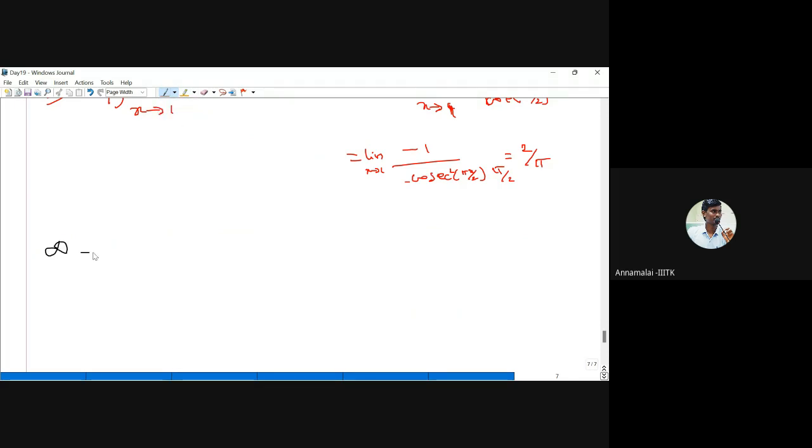The infinity minus infinity form is f of x minus g of x, where the limit of f of x is infinity and the limit of g of x is infinity. Now we have to rewrite: f of x can be written as 1 by 1 by f of x, and g of x can be written as 1 by 1 by g of x. Now what will you get?